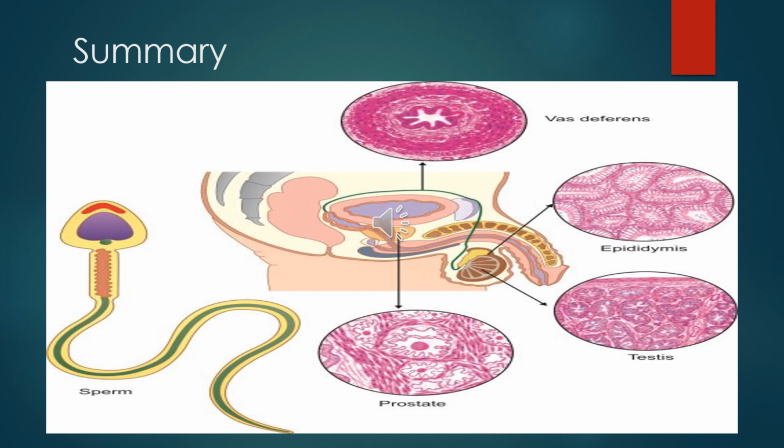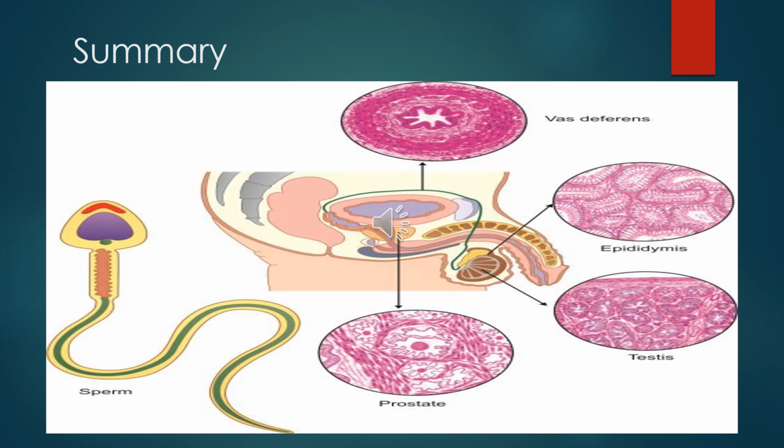Within the lumen, you can see the sperms. Outside the basement membrane, there is a layer of smooth muscle, which is responsible for the movement of spermatozoa. So this is the structure of epididymis.